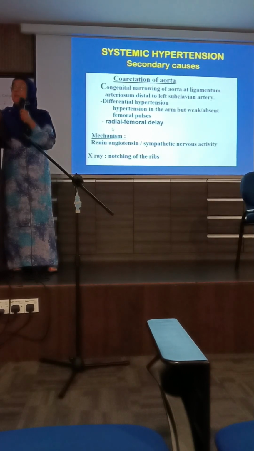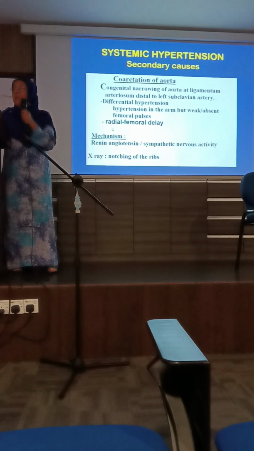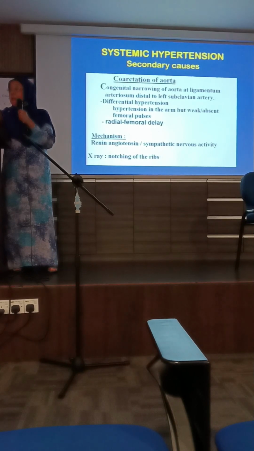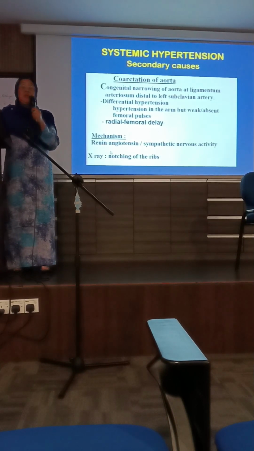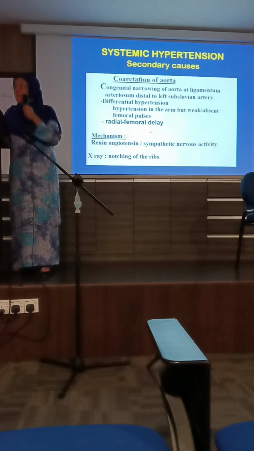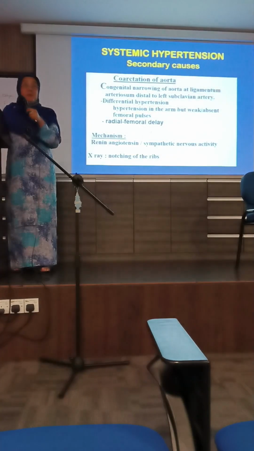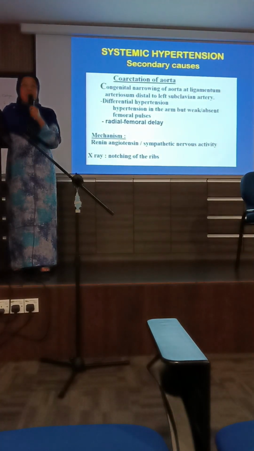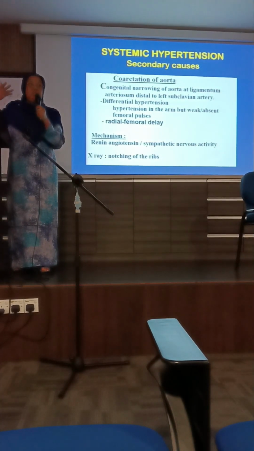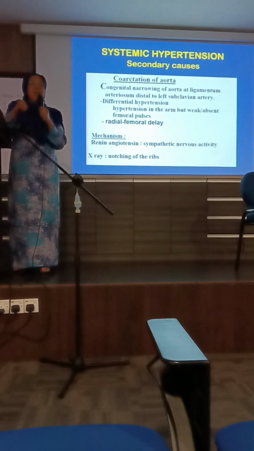Then there is a radial-femoral delay. You go back and work it out. Because of that, there is reduced blood flow. Do you understand, I'm speaking fast? Differential hypertension: hypertension above, not below. So there is reduced blood flow to the kidney. So again, it relates.